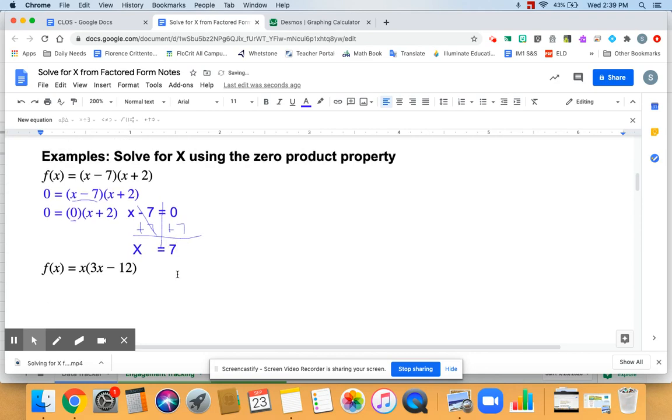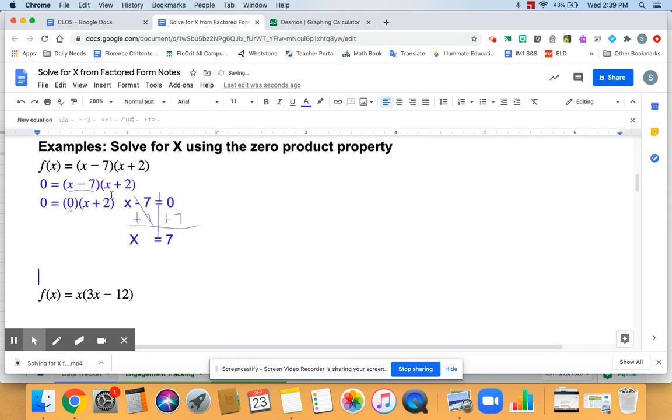So that's one of my answers, because remember when we solve for quadratics, it always has how many answers? It always has 2 answers. So where's my second answer coming from?